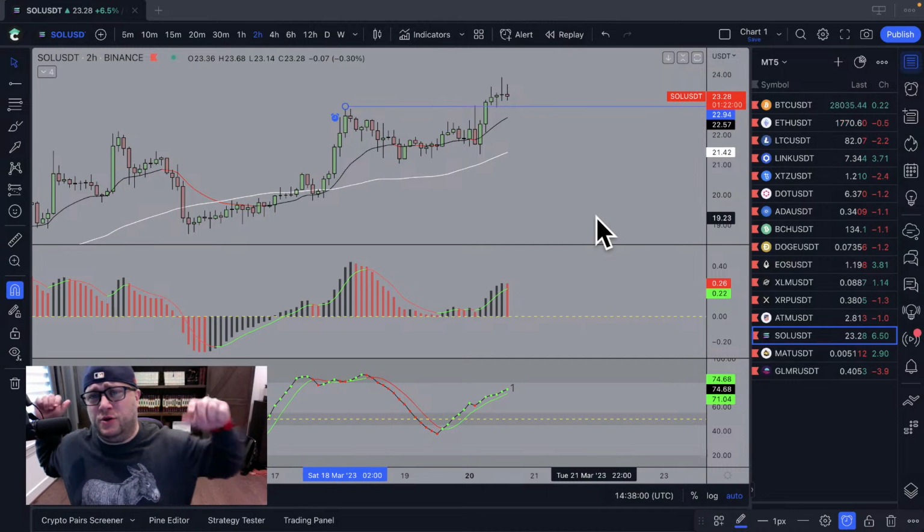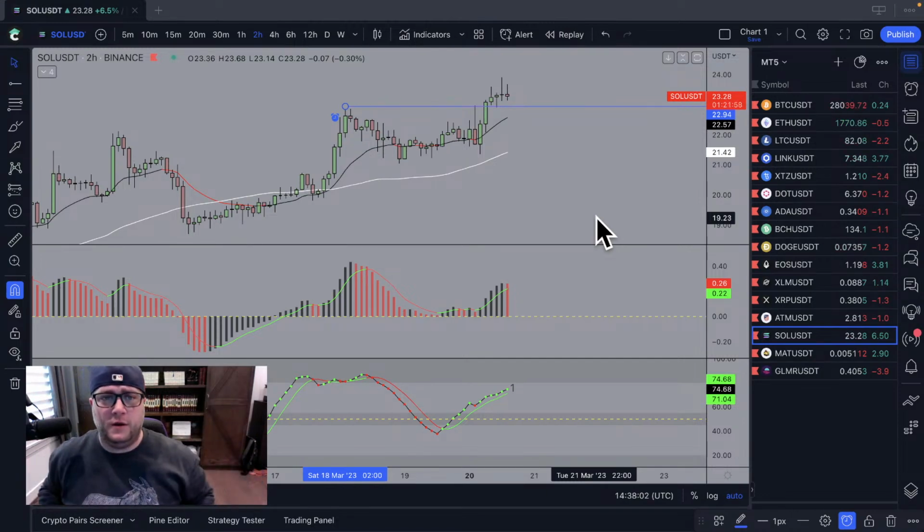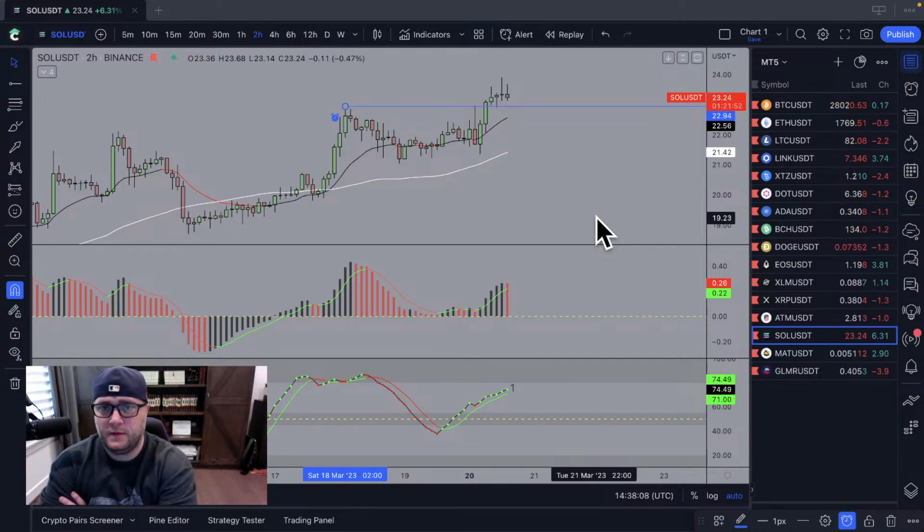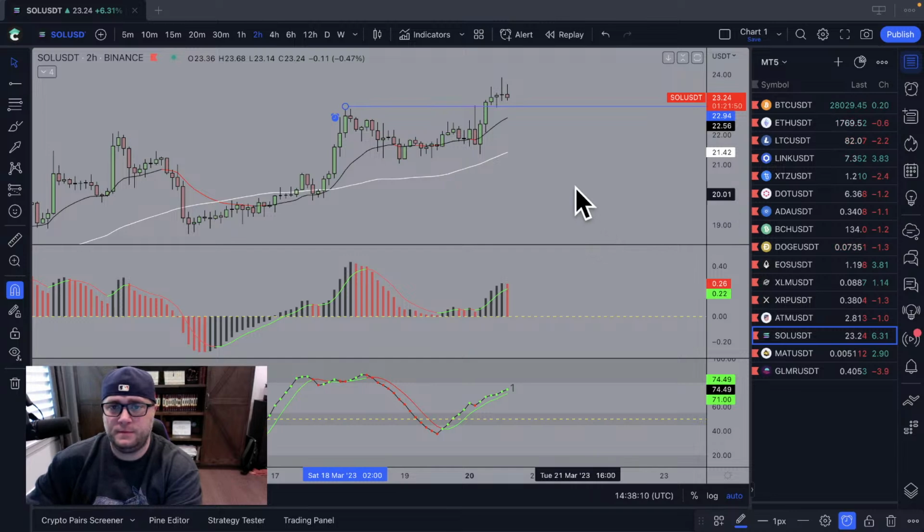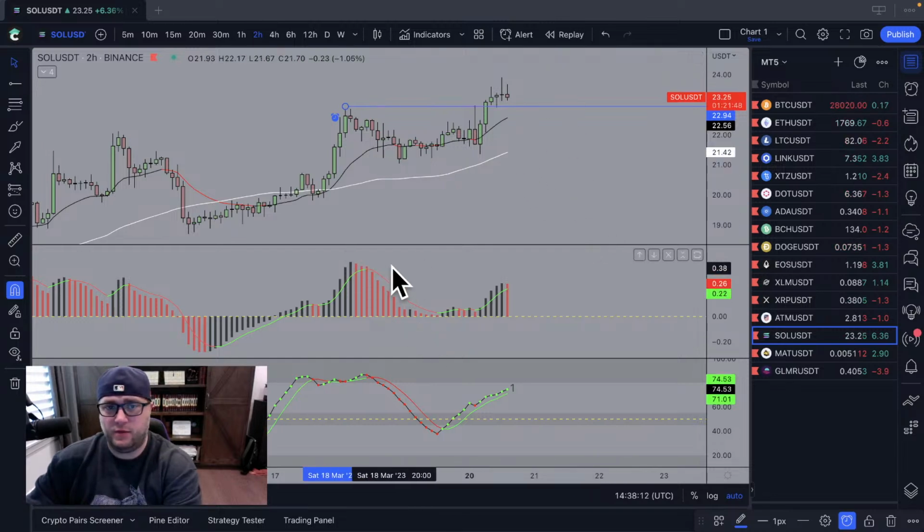Even your 2-hour chart is starting to turn red on the custom MACD. So you have clear as day divergence though.